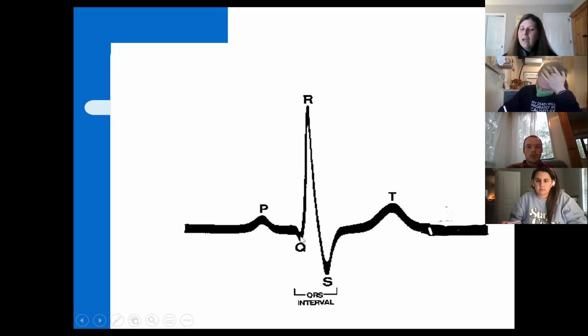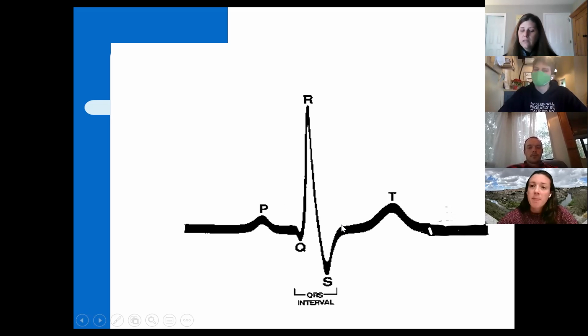But when you look at the voltage of this QRS, the recovery of the atria, which are smaller anatomically than the ventricles, is really just insignificant compared to the depolarization, the contraction of the ventricles. So it's there. We just don't see it.